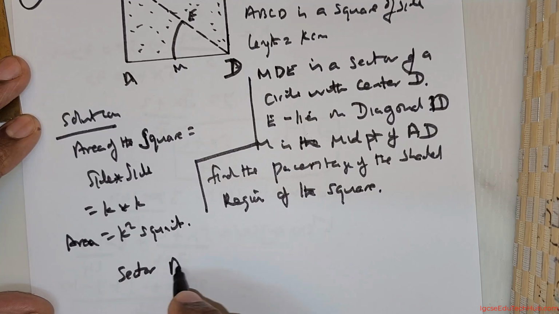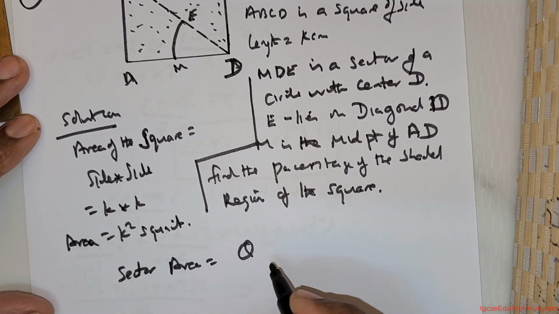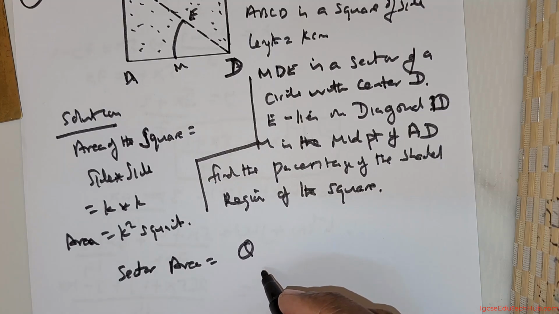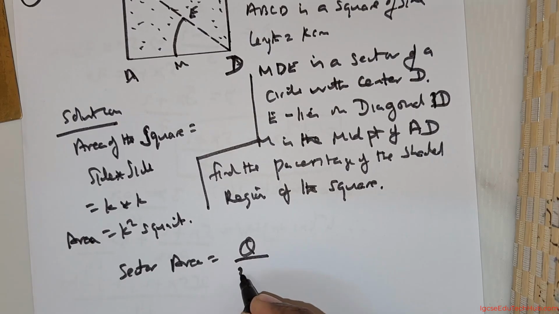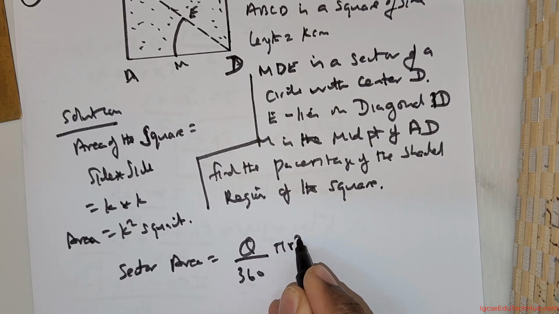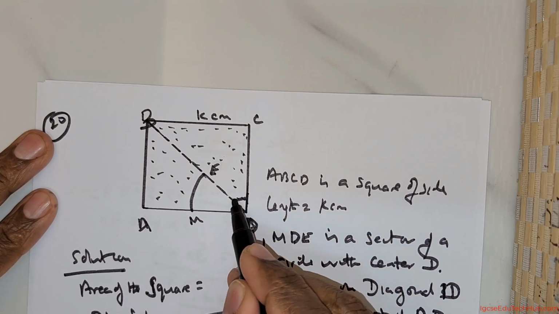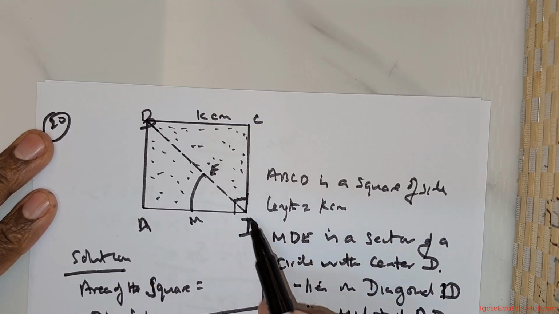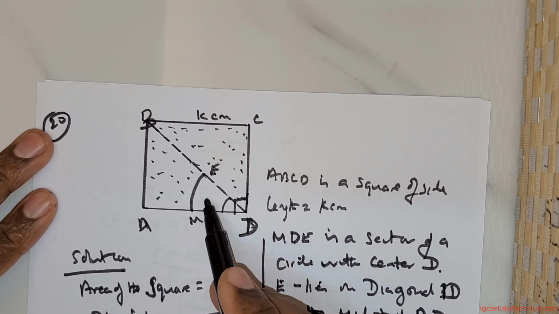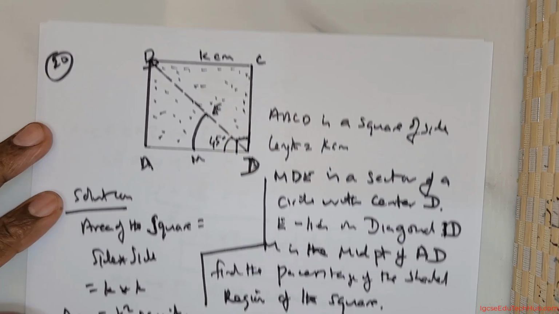Now the sector area. Sector area is given as theta over 360 into pi r squared. Now if you see here, this is actually 90 degrees and clearly BD is a diagonal, so this angle is going to be 45 degrees.